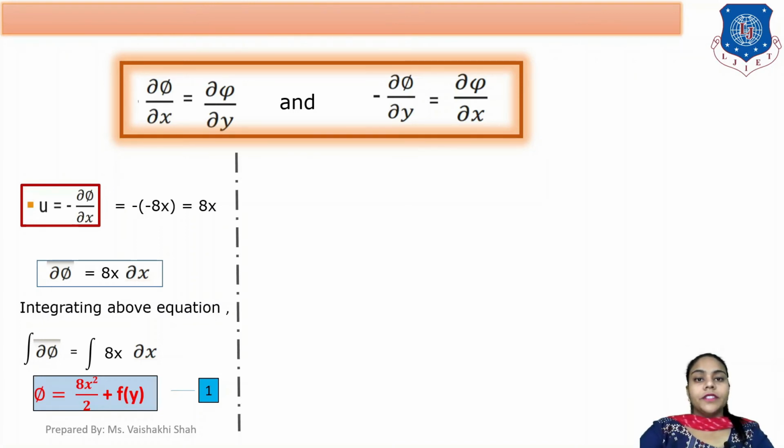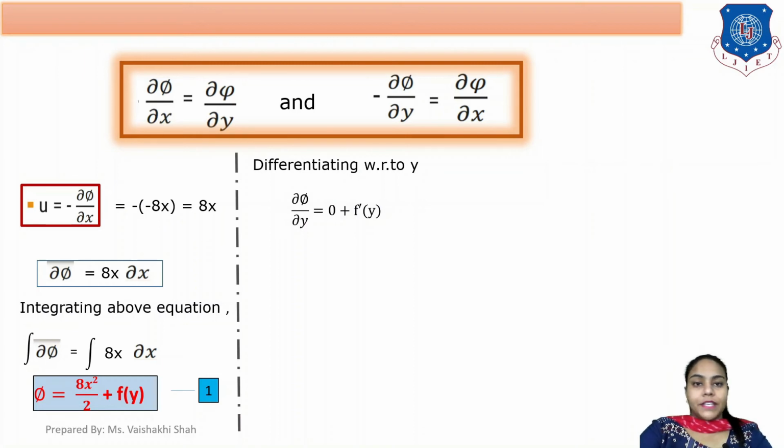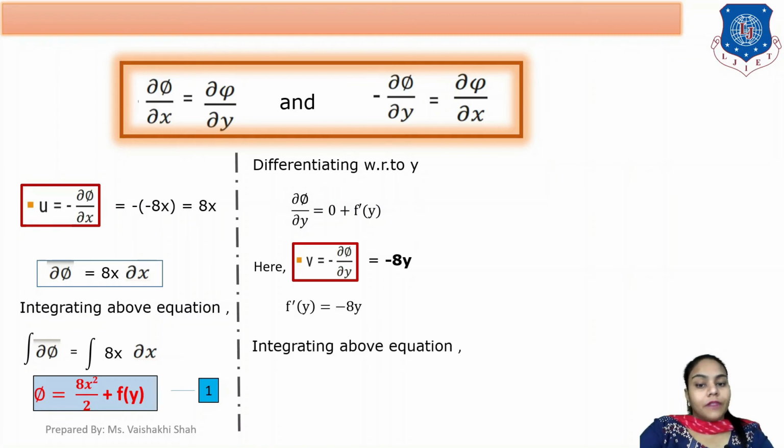Now, differentiating with respect to y, you get del phi by del y equals f dash y, and we know v equals minus del phi by del y, and the value is minus 8y. So, here f dash y you get minus 8y. Now, integrating that equation, you get f of y equals 8y square divided by 2 plus c.